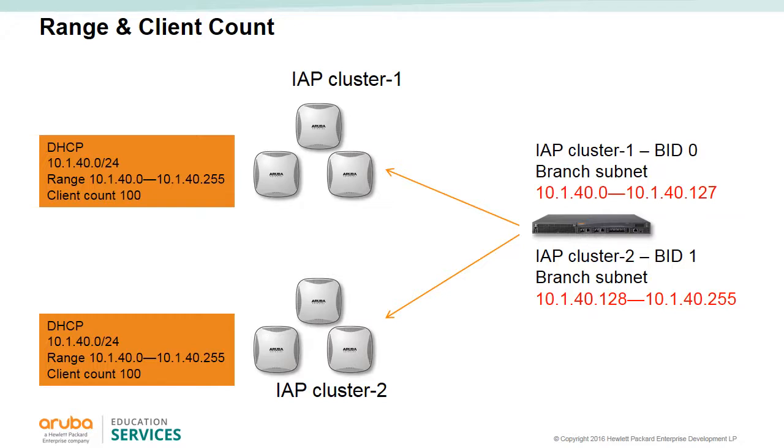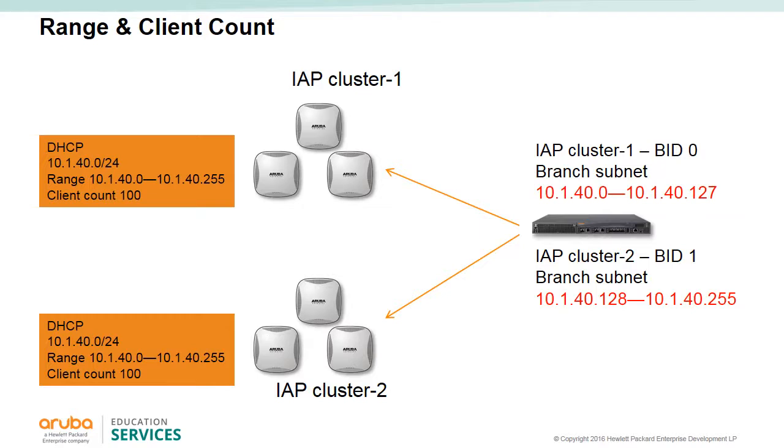If the accumulated count exceeds the capacity of the subnet, then the last cluster would not be assigned a subnet. In the example given, both clusters are using the 10.1.40 subnet with a count of 100. Cluster 1 has been assigned bid 0, and the branch subnet is 10.1.40.0 with a 25-bit mask, a possible 126 hosts.